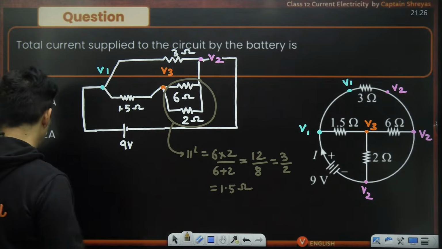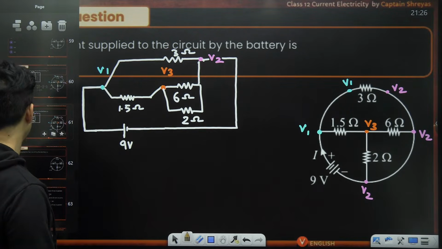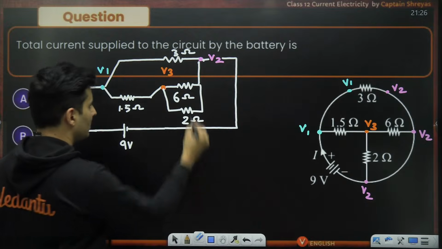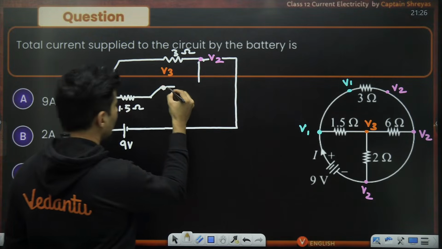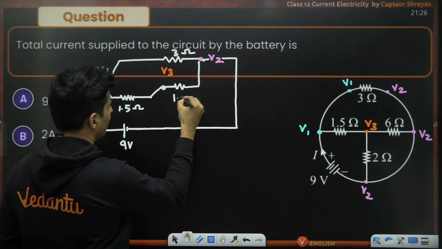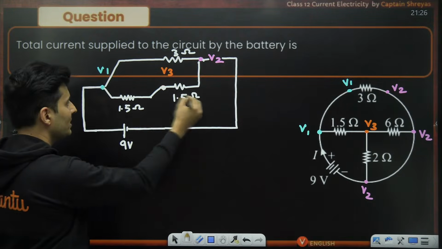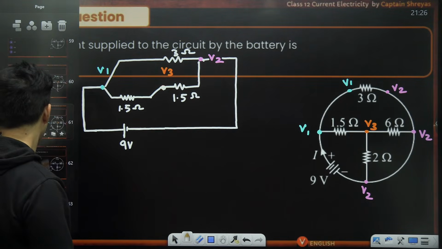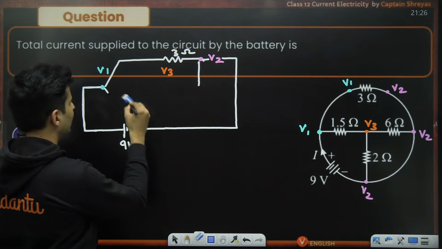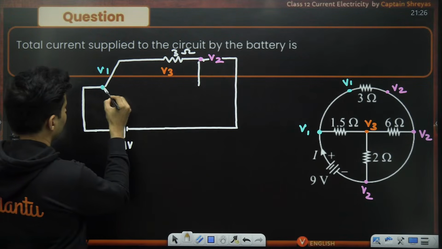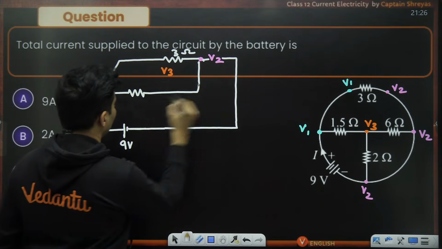Now this 1.5 ohms and this 1.5 ohms, they both are in series. So I can replace that with a single resistor of 3 ohm.